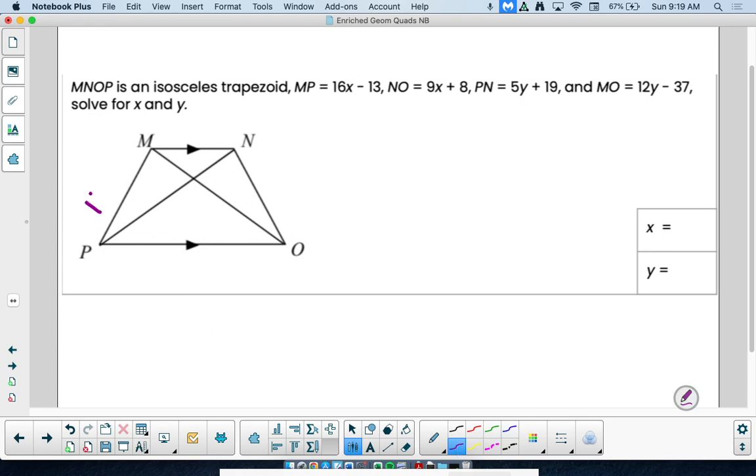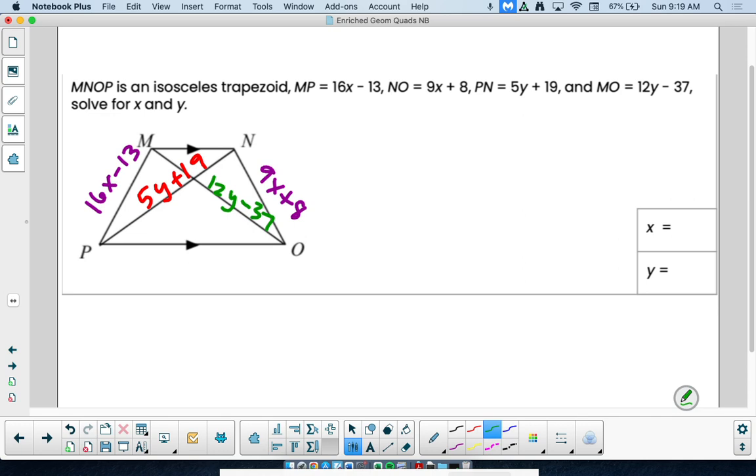I'm going to write that right here. And MO, 9x plus 8. PN is 5y plus 19. And MO, 12y minus 37. Yeah, we got a lot of information here.